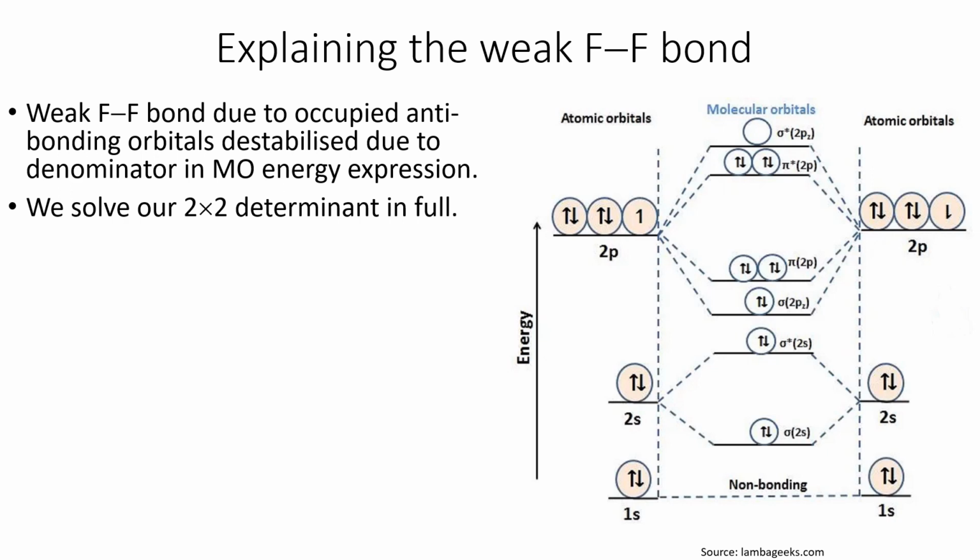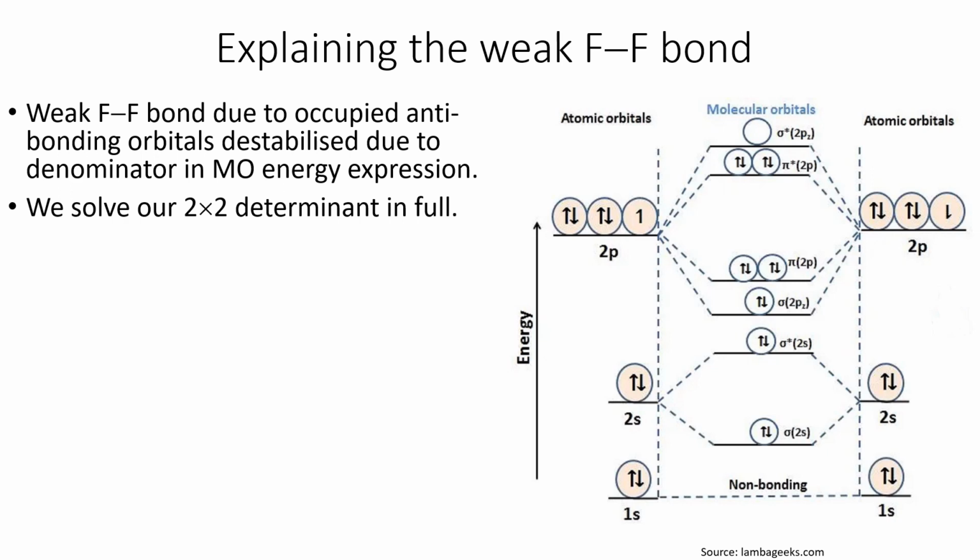So what we need to do is the same thing we did before, solving our 2 by 2 determinant, but now we're not going to make the approximation that S, the overlap integral, is approximately 0. That makes it slightly harder work, but it is physically relevant because the overlap between orbitals is going to be more significant in fluorine than for other atoms in that period, because the bond length is so short.